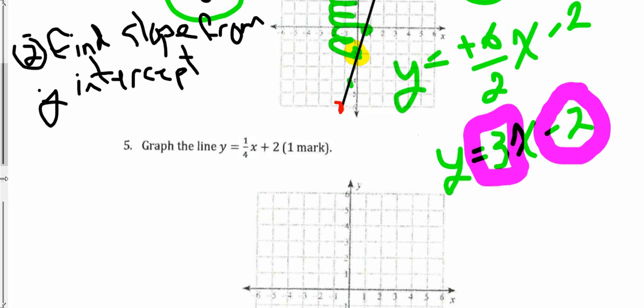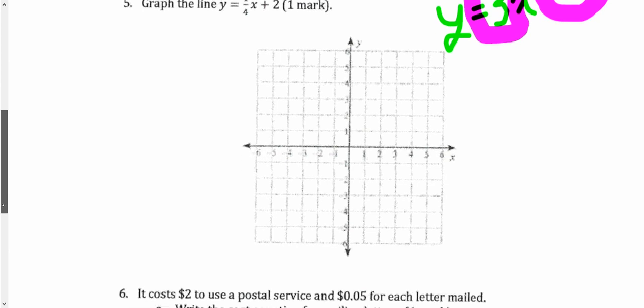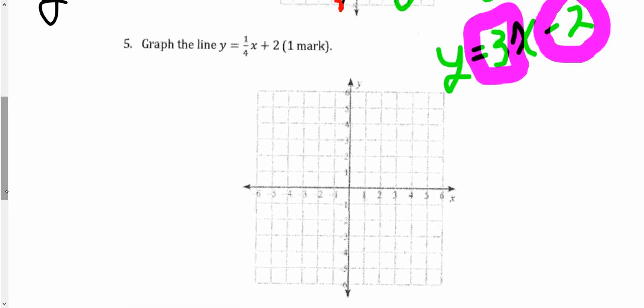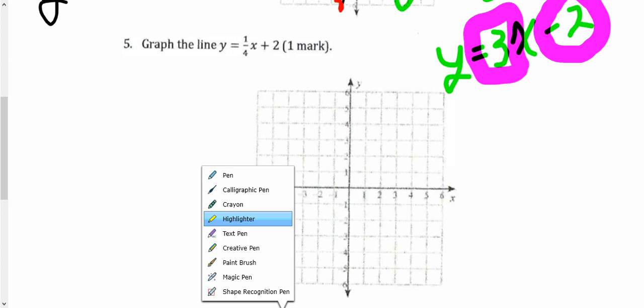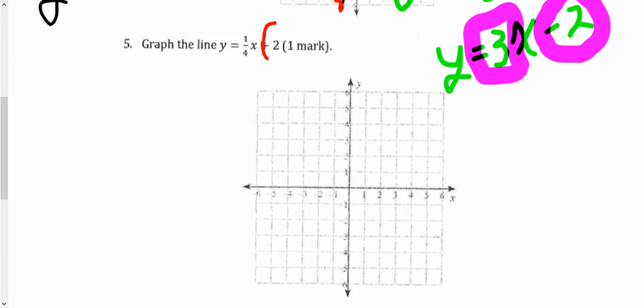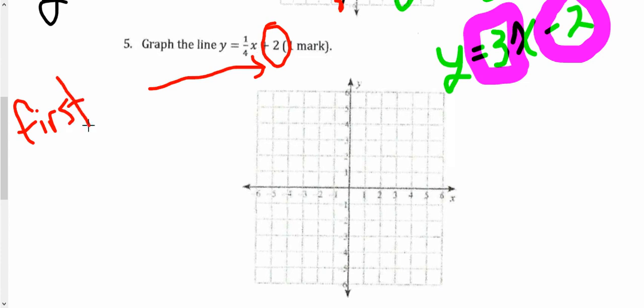Okay, now on the next one, so if that was true, and it is, maybe this one might be even easier. Graph the line y is equal to 1/4 x plus 2. Remember, we start at the y-intercept, +2. So we're going to do this first. +2, 1, 2, right there. So my line has to go through that red dot. But how does it go through? We say, what is its slope? And that's this one.